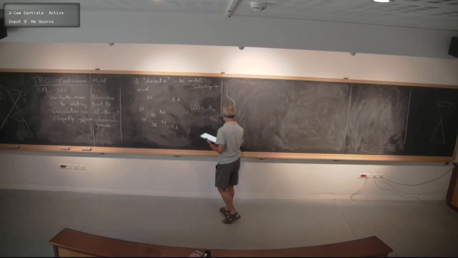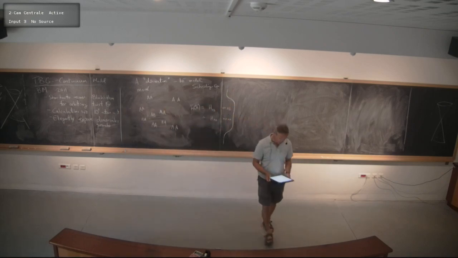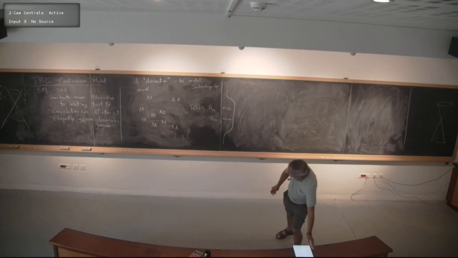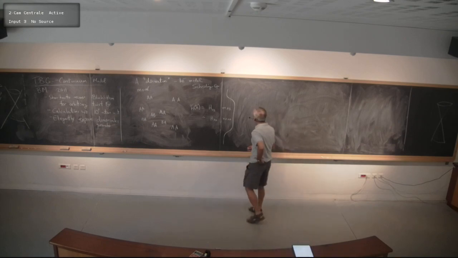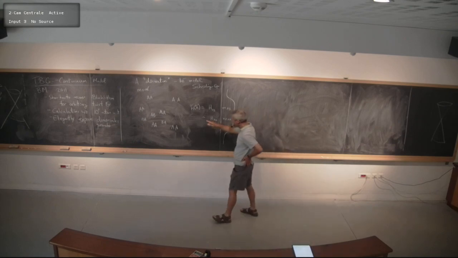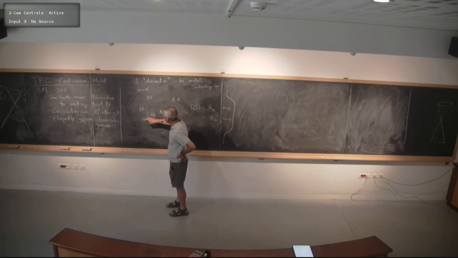We can get there by this Bistritzer-MacDonald route. But another way to get there is to think, as I just mentioned, that any of these regions can be obtained from any other. Let's say the AA region, we can convert it to AB by just translating it. If we translate AA up, we'll turn it into AB.